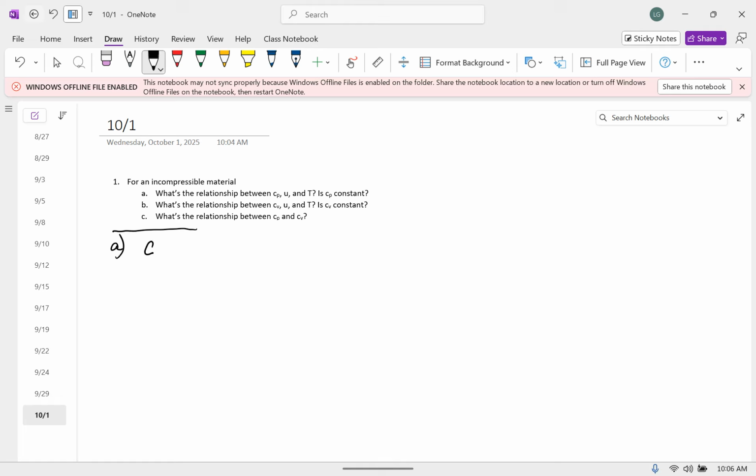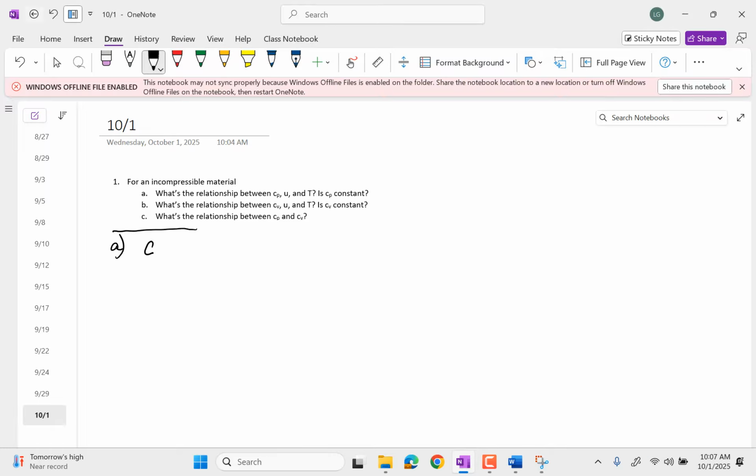You have a different question. Isn't it this incompressible and ideal gas model? Maybe the one that's on D2L is an older version.